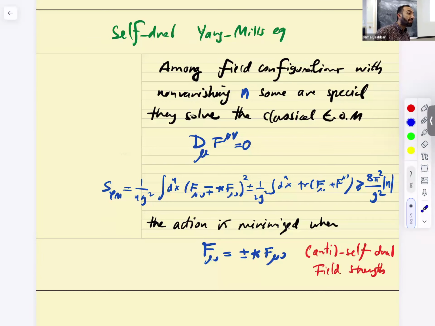Now, this is a trick. When we're trying to find the classical equations of motion, what should we do? We're trying to minimize S Yang-Mills. What is the minimum of S Yang-Mills? The inequality tells you that it could be arranged for if there are solutions to self-dual, anti-self-dual field strength.